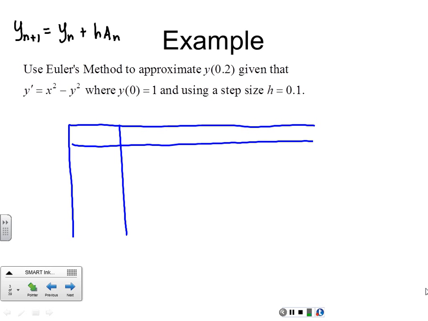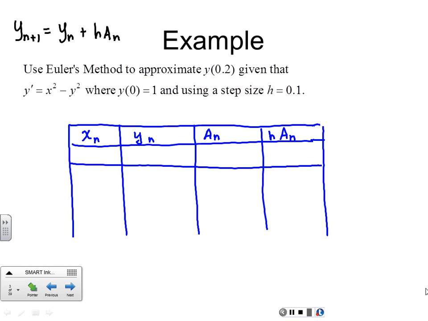Okay, so I have my x sub n, my y sub n, a sub n, and then h times a sub n.